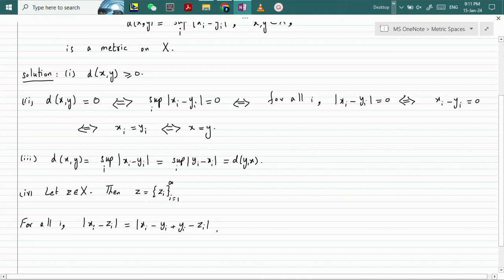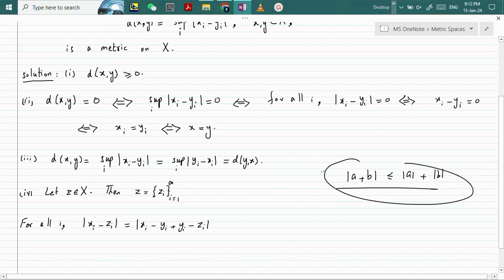We add and subtract yi, and then by the property of modulus of real numbers, we know that mod of a plus b is less than or equal to mod of a plus mod of b. So we use this inequality.